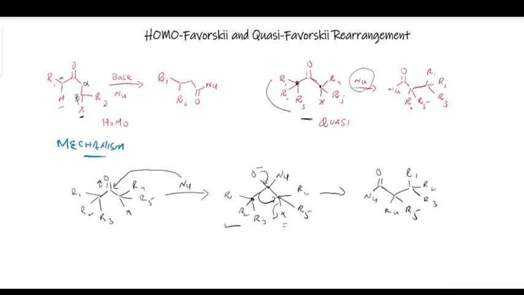So again, you can see we have the final product as the carboxylic acid or the ester or the amide, but the mechanism is completely different because there is no abstraction of the alpha hydrogen, for a reason that there is no alpha hydrogen available for abstraction.